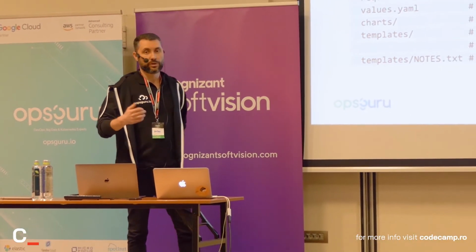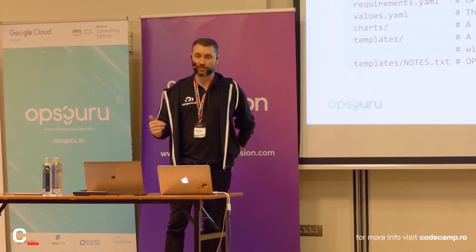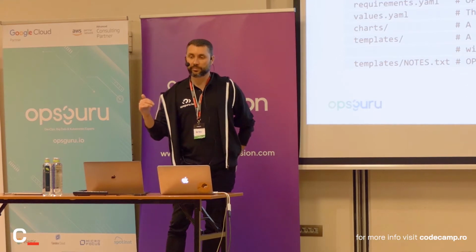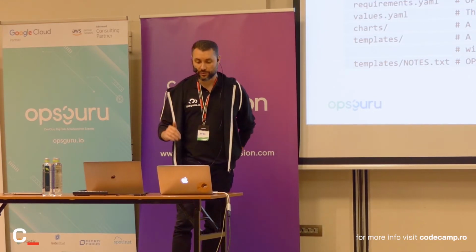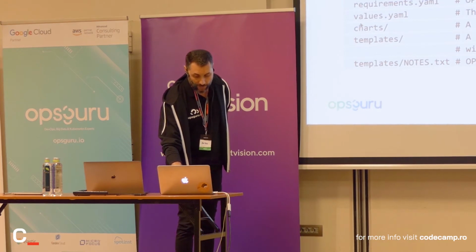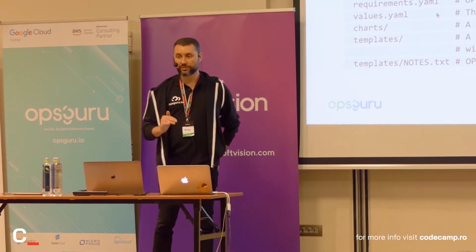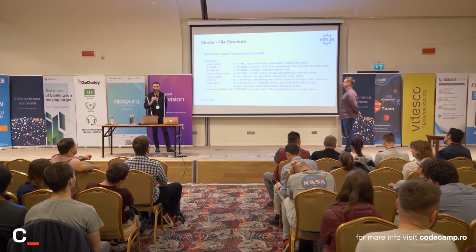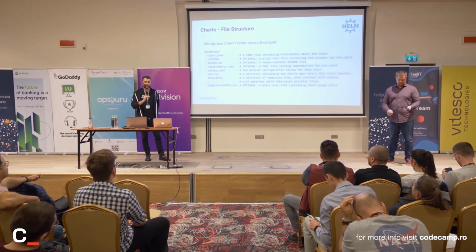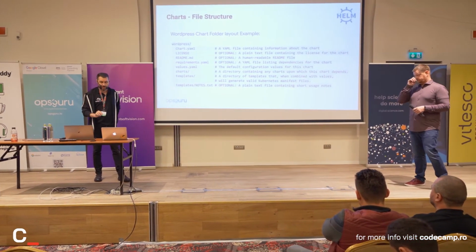For example, if you're running a Java application using the Helm chart and you want to update your Java heap size, you don't have to update your deployment manifest, you just specify the new heap size value in your values file, and that's it. Done. It is easier to maintain this code in your Git because you want to see the difference between this release and that release. All you do is git diff on the values file and you see the change.